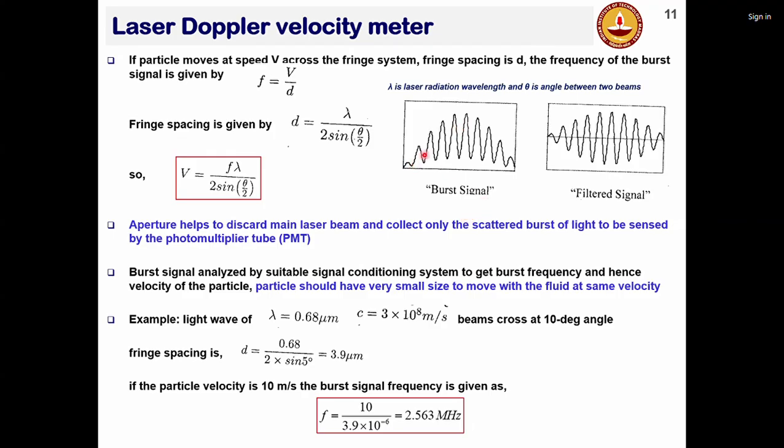Once you get the signal, it can be filtered into an appropriate signal, changing the zero threshold, as shown in the filtered signal. From here, you know the time period, so you know the frequency, and you know the lambda of the incoming wave. So you can predict the flow velocity.